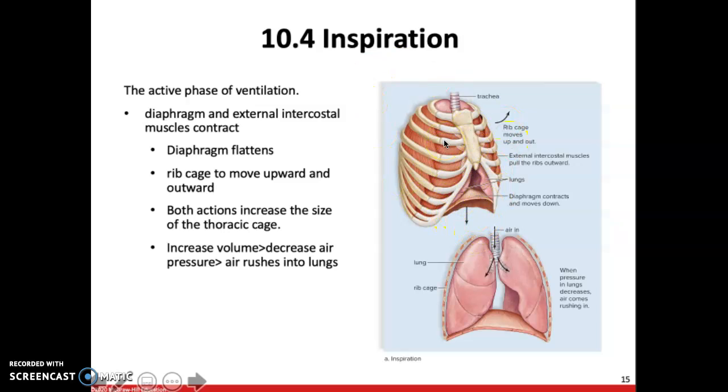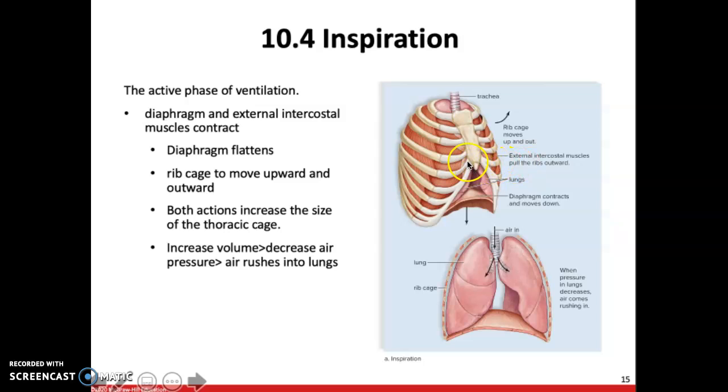So here we have our lungs. They're going to stick to the walls of your thoracic cavity. During inspiration, this is the active phase of ventilation, the diaphragm and the external intercostal muscles are going to contract. The diaphragm is sort of this U-shaped muscle, and when it contracts, it flattens downward. In its relaxed state, the diaphragm is dome-shaped. During inspiration, it contracts and flattens downward.